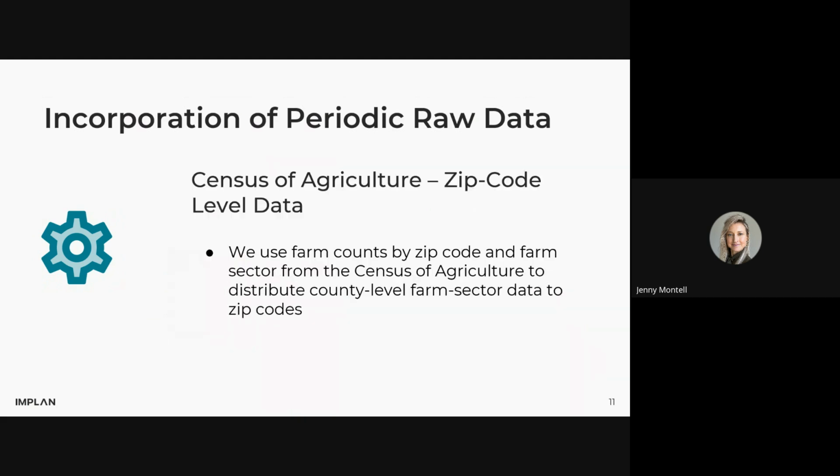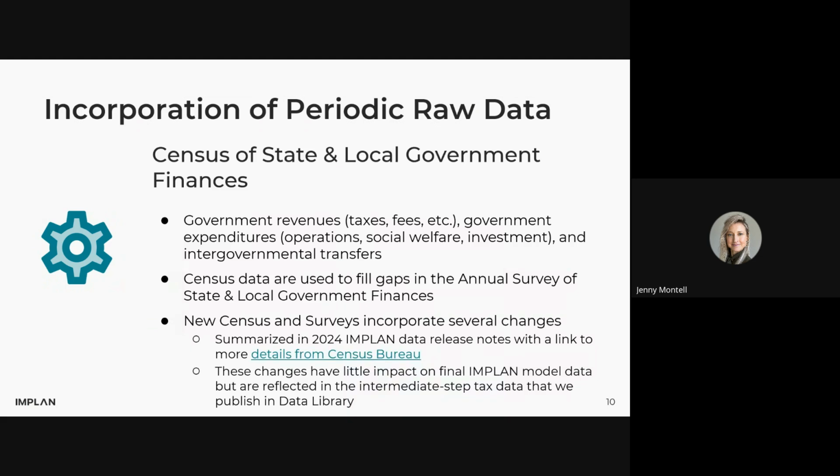And therefore, for those units of government that aren't covered in a given year, we use projected numbers from the latest census of state and local government finances to help us fill in those gaps. So it's great that we got the census this year, so we have updated information to be filling in those gaps from the annual survey.